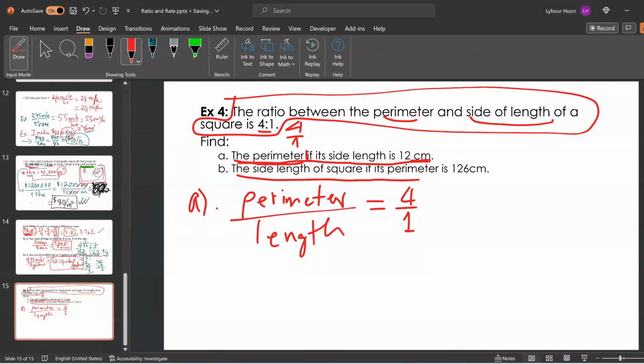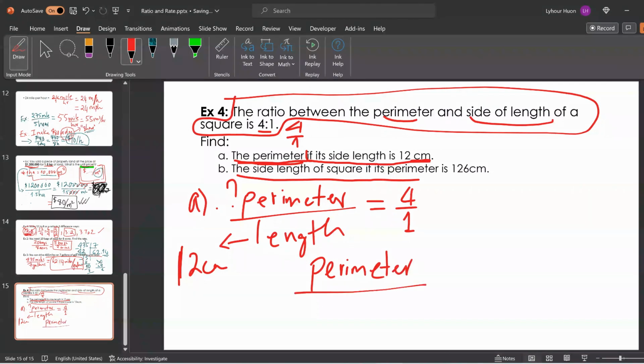Now find the perimeter if its side length is 12 centimeters. So we know that the length here is 12 centimeters. Can we find the perimeter? Now we replace the length by 12. Do we divide 126 by 12?